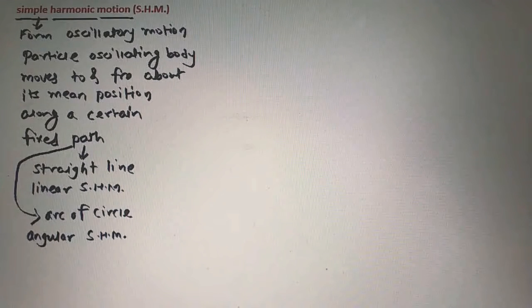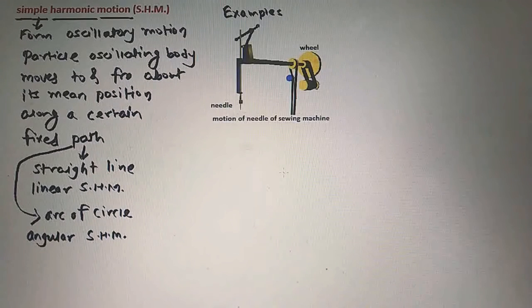Now we will see some examples of angular SHM and linear SHM. The first example is the motion of the needle of a sewing machine. The needle moves to and fro in a straight line here.